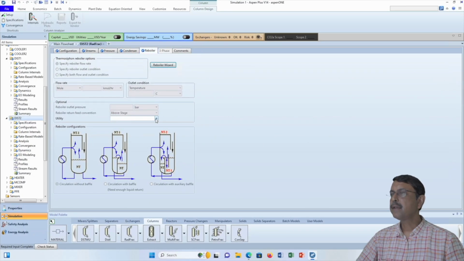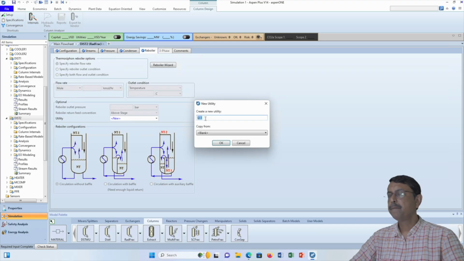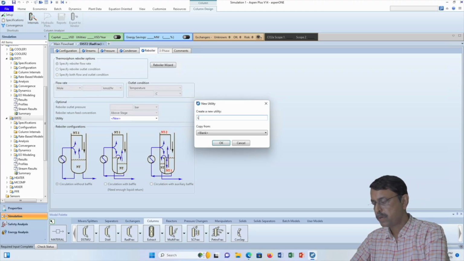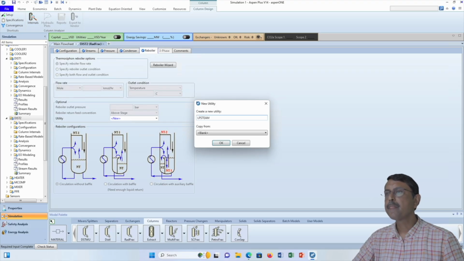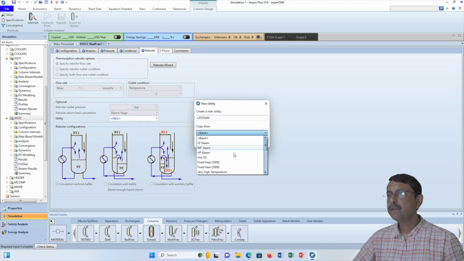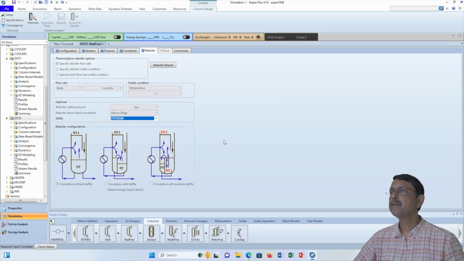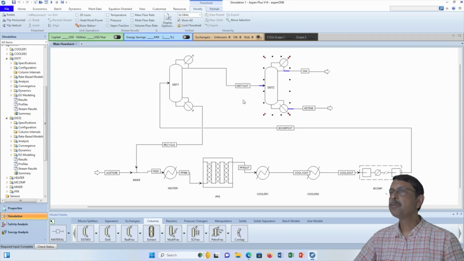So in this case, again, we will use another utility, that is low pressure steam, copy from LP steam. Okay. That's how distillation column 2 has been specified.